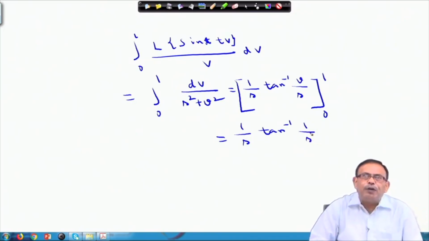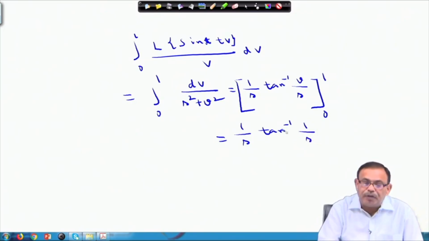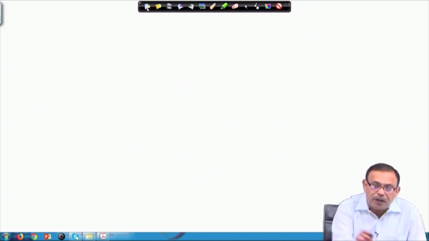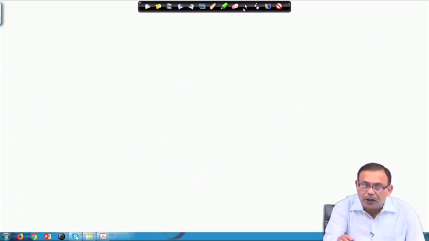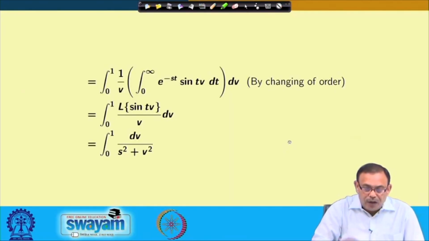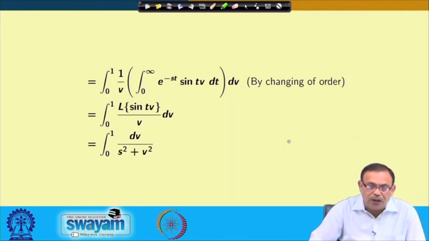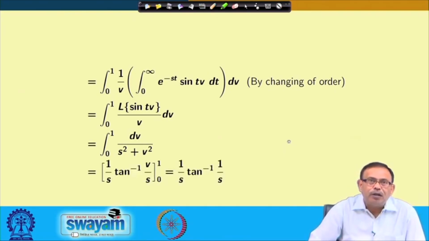So, we are getting the same result using this property, and it is nothing but 1 by s tan inverse 1 by s, and we got the result.